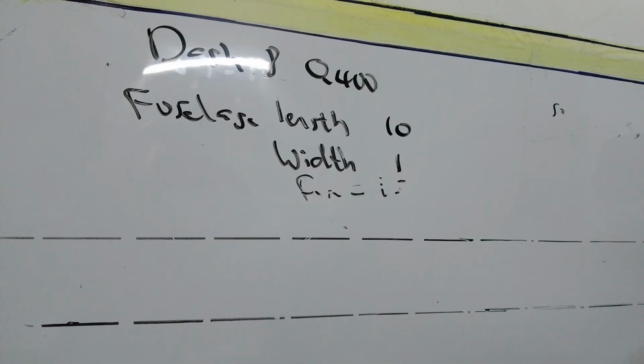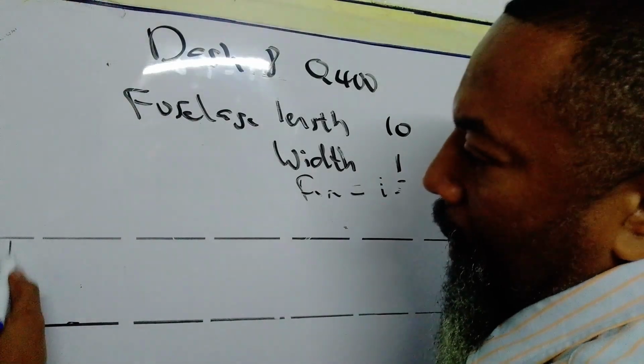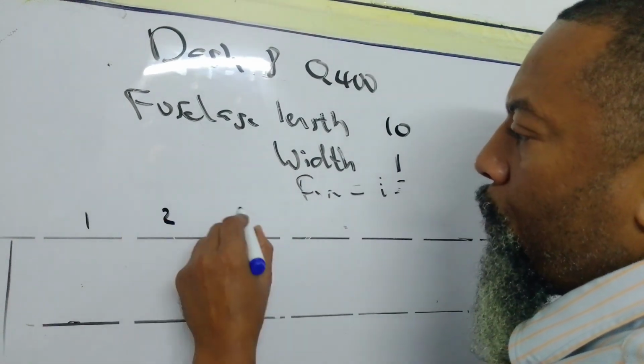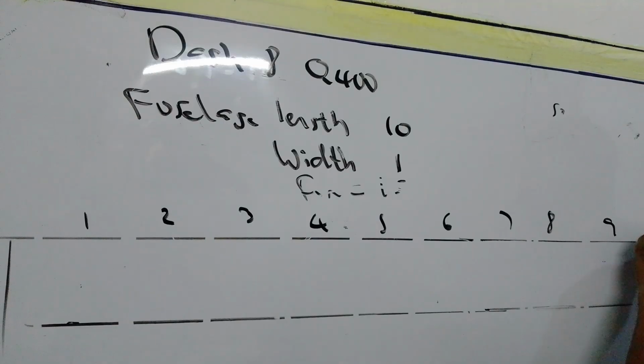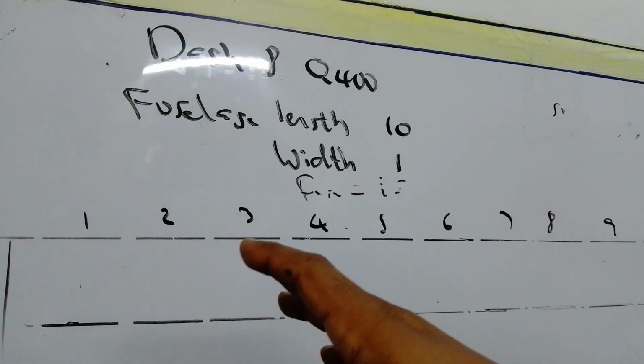That is the end, and I'll leave that as an allowance. So I mark 1, 2, 3, 4, 5, 6, 7, 8, 9, 10. As you can see there, 1 to 10.